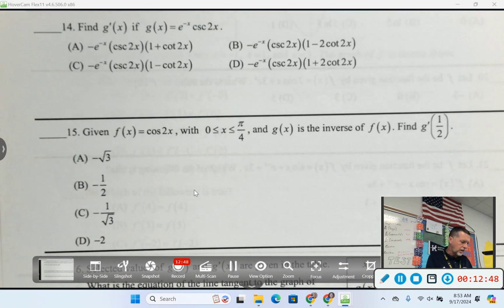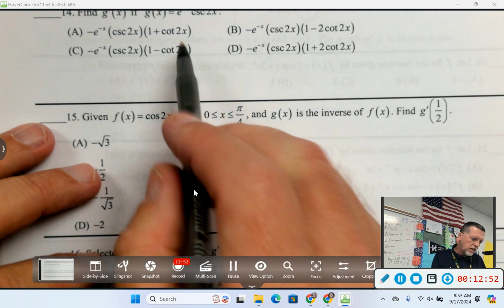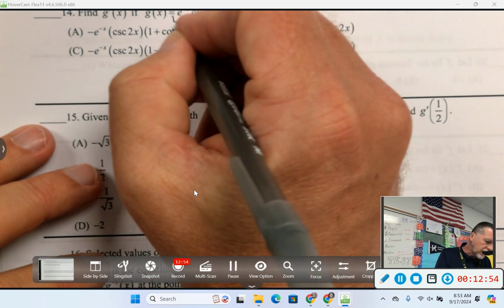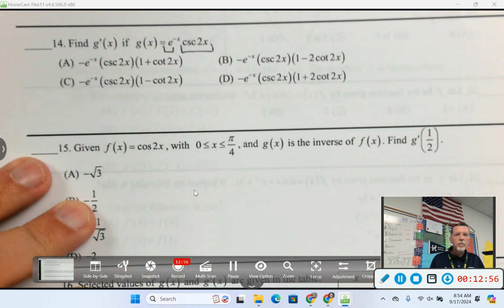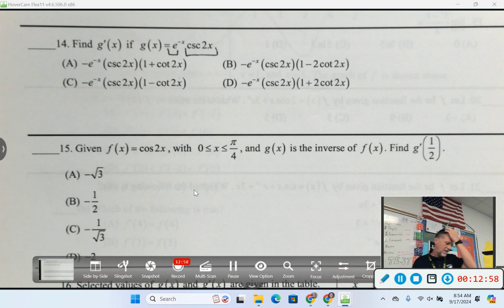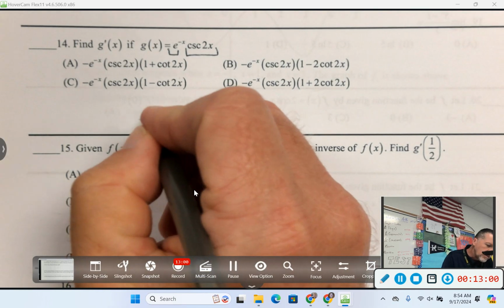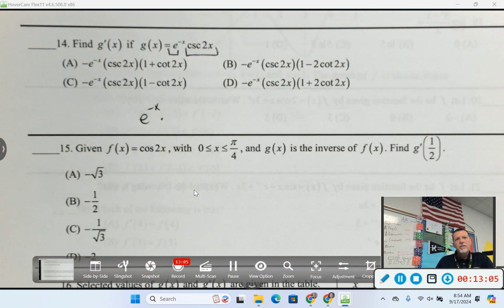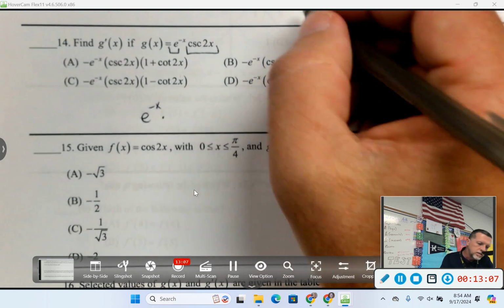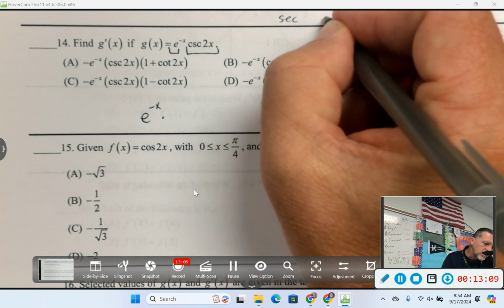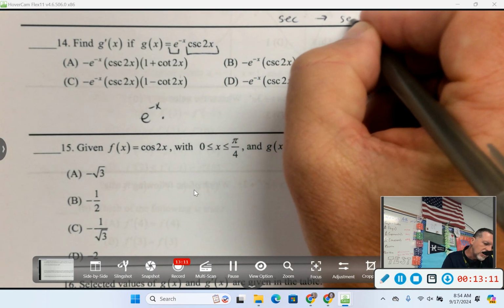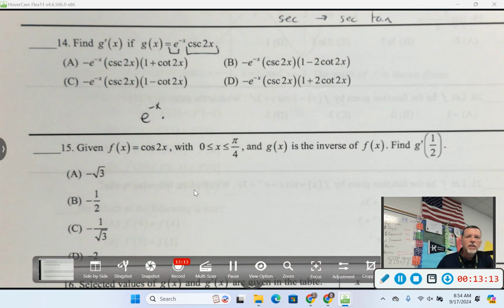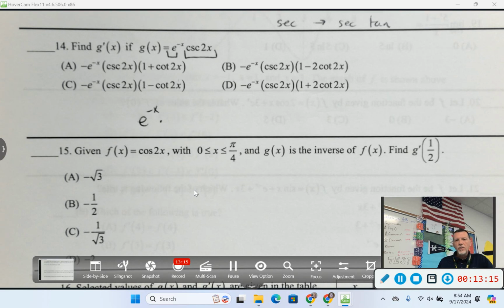Number 14. g prime, if g equals all of that, so this looks like a product rule problem. So first times derivative of the second, derivative of cosecant. Oof. Secant goes to secant tangent. So it goes to negative cosecant cotangent.